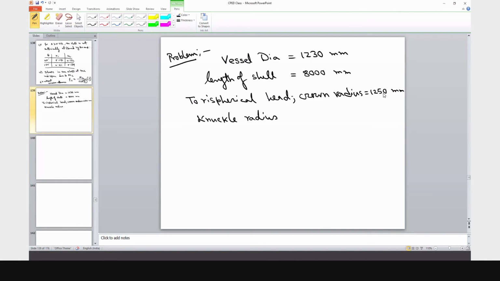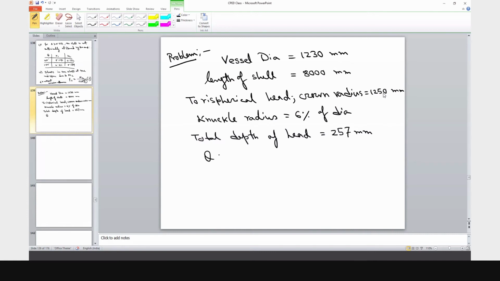Knuckle radius is given as 6% of diameter. You will calculate 6% of diameter. Total depth of head, 257 mm.